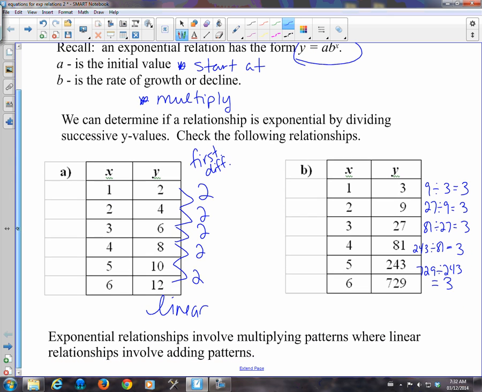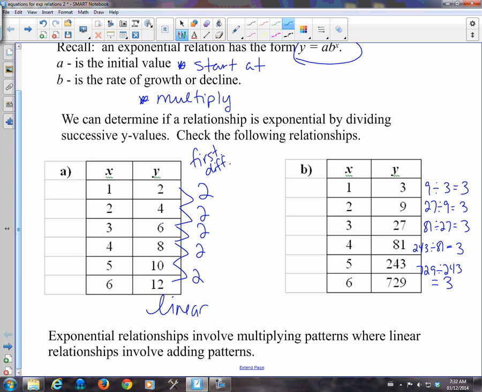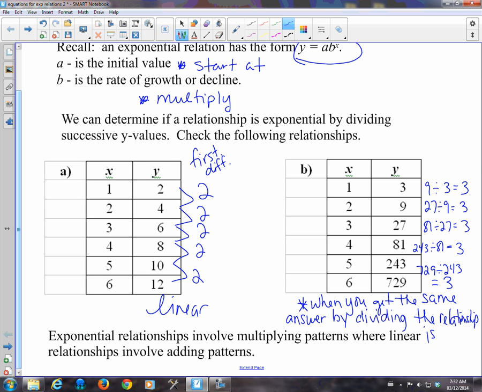Scroll down a little bit and write that down. So when you divide and you get the same answer, the relationship is exponential.